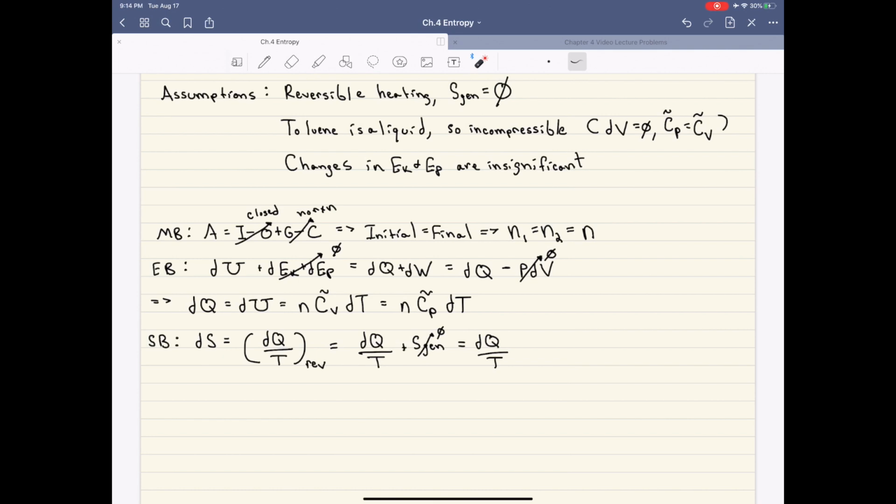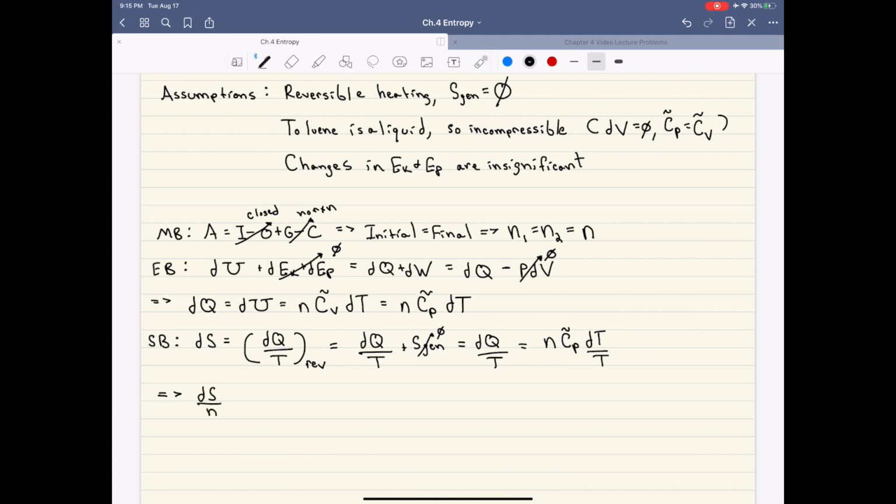And what we saw in our energy balance is we know that dQ is equal to this. So what we could do is actually just plug in the result from the energy balance into our entropy balance. N Cp dT over T. And so now what we could do is divide both sides by n.